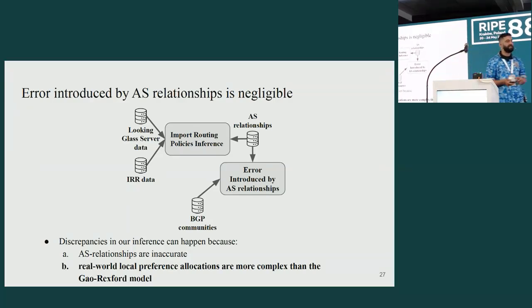We also studied the error introduced by AS relationships by leveraging BGP communities, and we observed that the error is negligible. So the only thing left that we have in order to explain this inconsistency with the Gao-Rexford model is probably the incapability of the Gao-Rexford model to capture the actual routing policies.